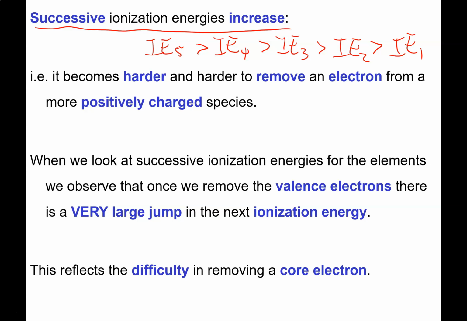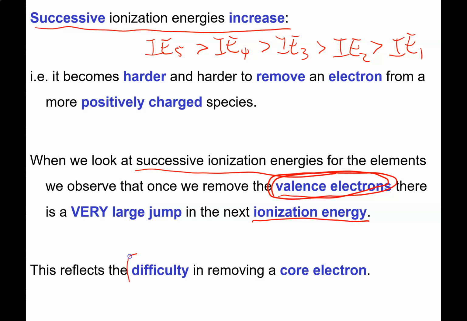That makes sense because it becomes harder and harder to remove an electron from a more positively charged species. What we find, though, is if we look at a series of ionization energies, once you remove all of those valence electrons, the ones in the outermost shell, you get a really big jump in ionization energy, bigger than what you might expect.